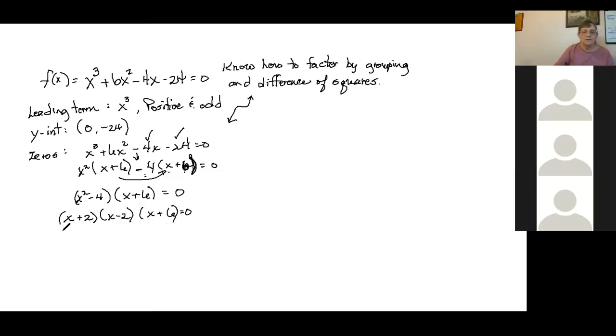So my zeros are going to be negative 2 from this one, positive 2 from this one, and a negative 6 from this one. So my x-intercepts are negative 2, 0, 2, 0, and negative 6, 0.